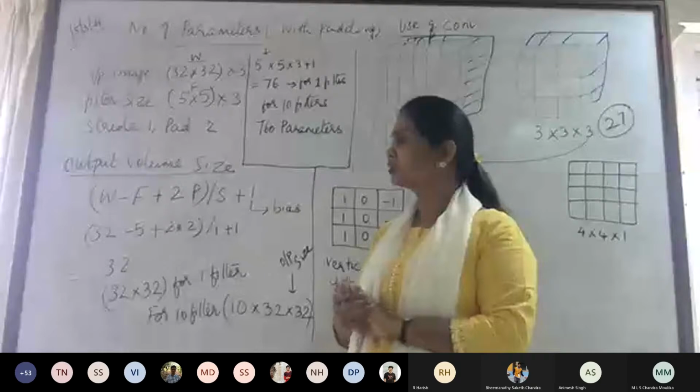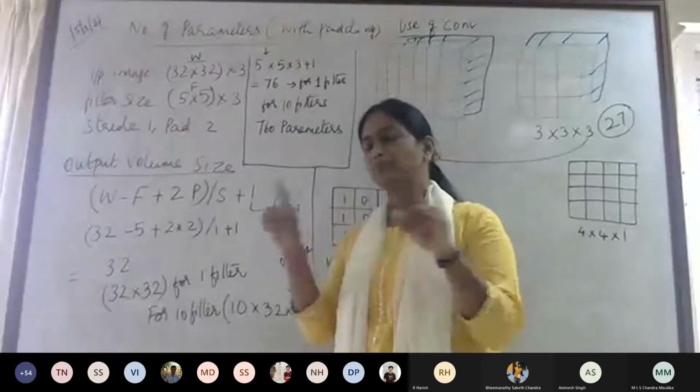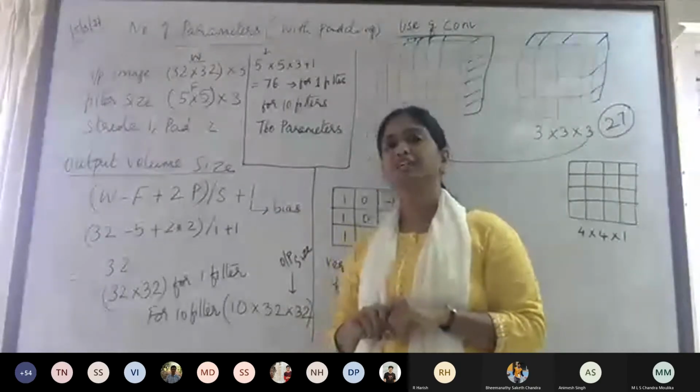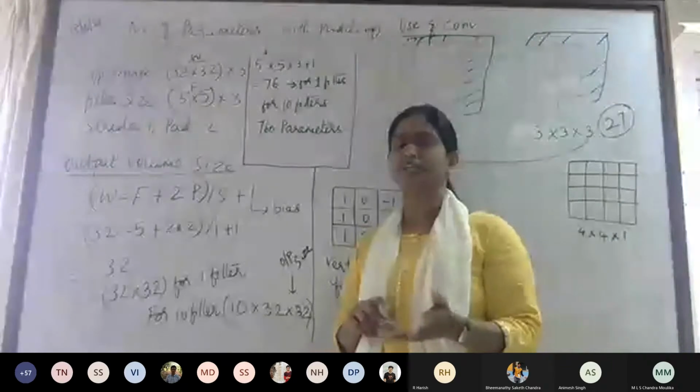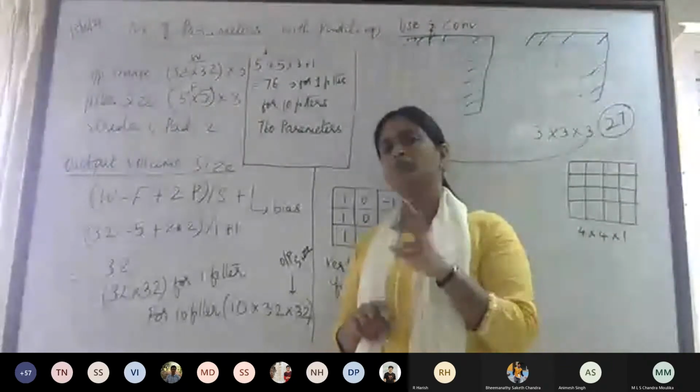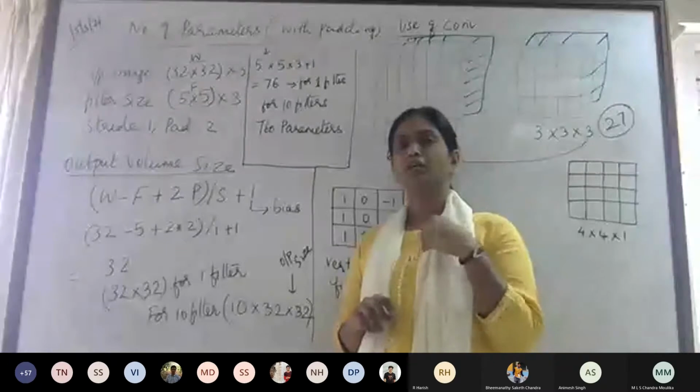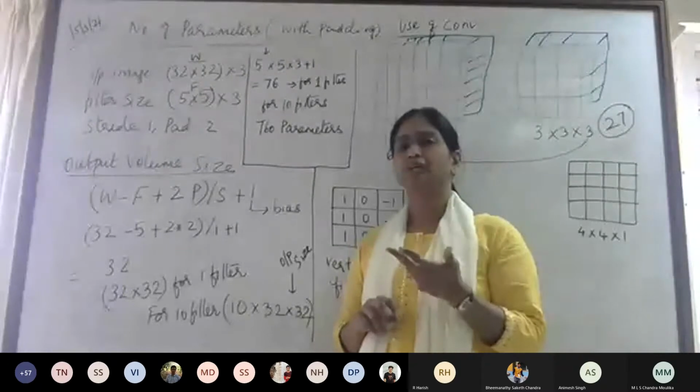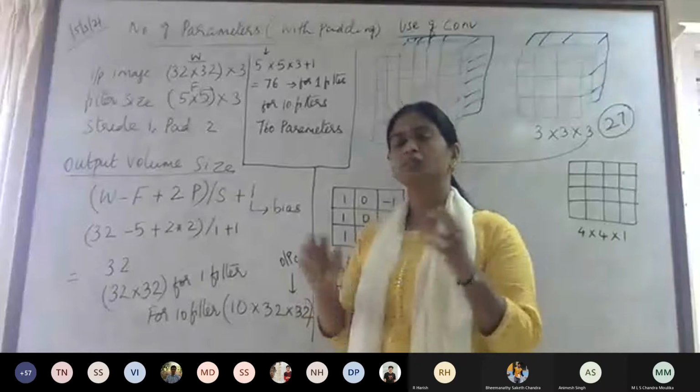Okay. So we have done finding the output image size without padding. If you have a 3x3 filter and you are not doing any padding, then you will have a reduction in the size.